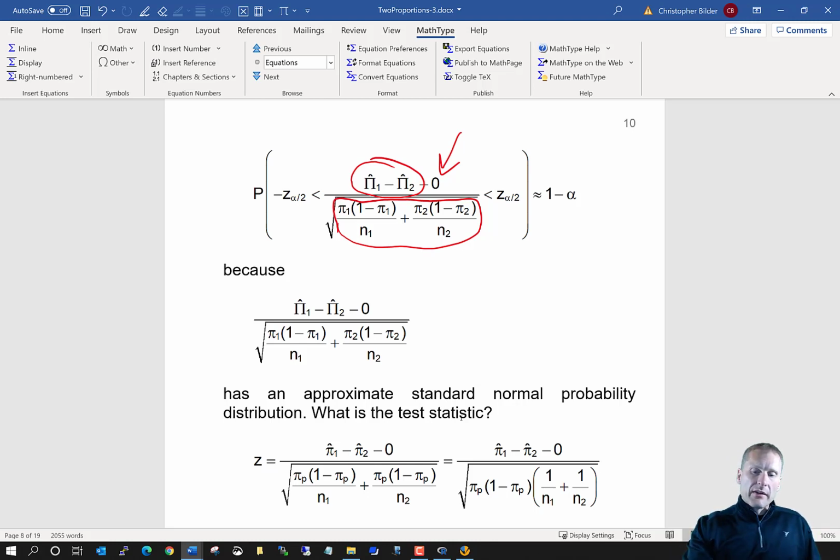So I can make a probability statement with a quantile from the standard normal on the left and on the right, and say the probability of this all happening is approximately 1 minus alpha.